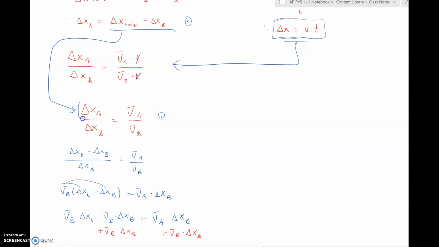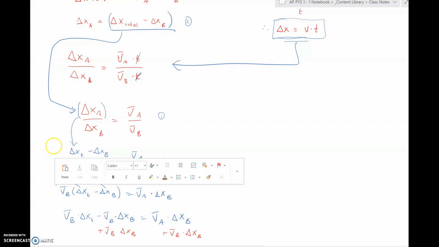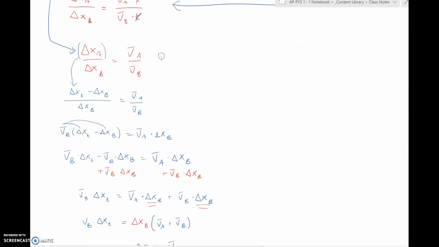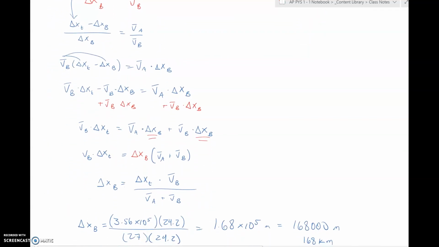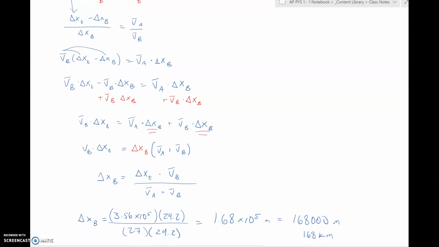So where we see displacement of A, we're actually going to just replace it with this expression right here. And then that leads us to this step right here. From here, it's a lot of algebra steps, so I don't want to sit and explain all of them, but I would encourage you to work through these ideas here. But basically, we're going to cross multiply from here to here. Then we're going to distribute.